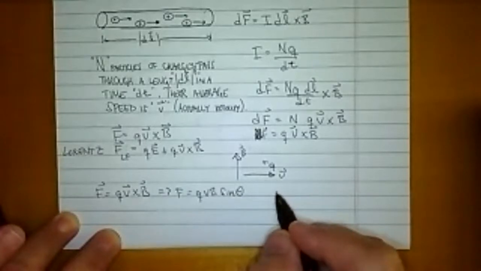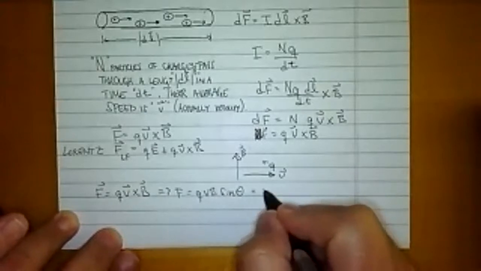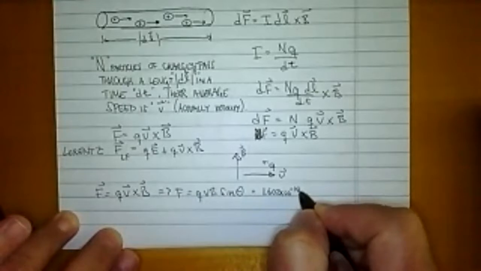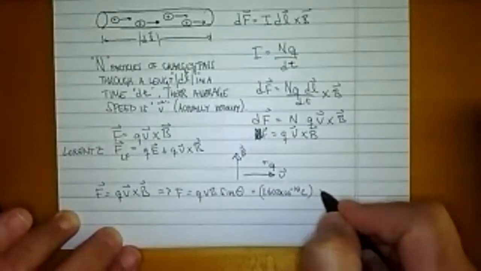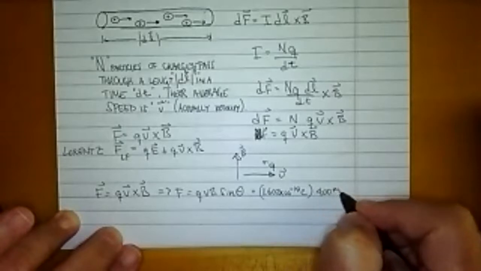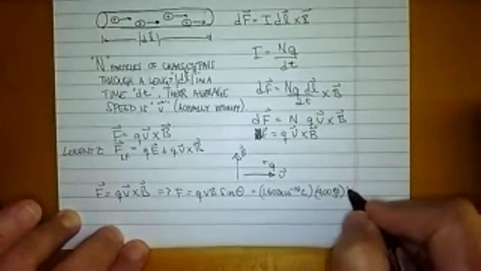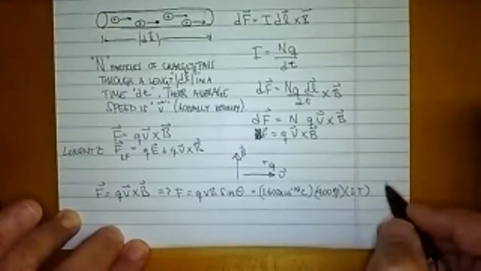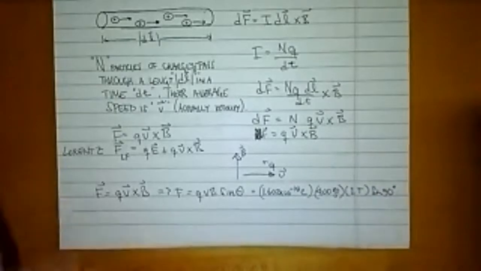The angle theta is the angle between them when they're tail to tail. So we take an electron charge, that's 1.602 times 10 to the negative 19th coulombs. Let's say it's moving at 400 meters per second, and the magnetic field is 1 Tesla. And let's say they're perfectly perpendicular to one another, so sine of 90 degrees just becomes 1.